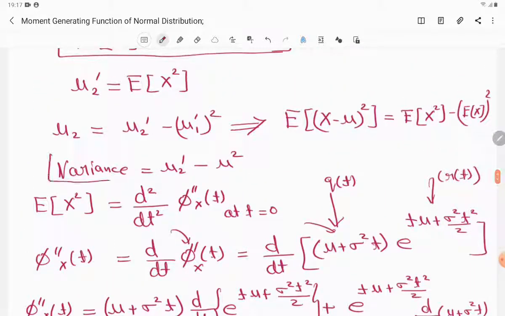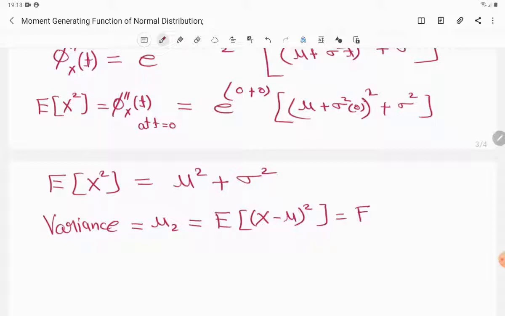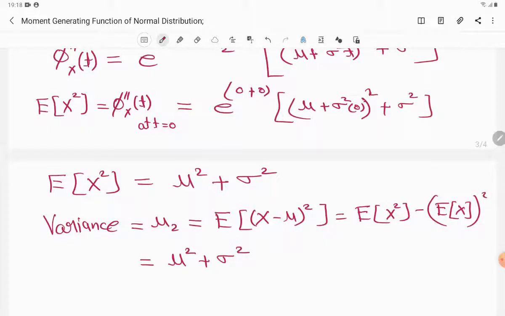As I mentioned earlier, the variance, that is mu 2, is E of (x minus mu) whole square, and that is E of x square minus (E of x) whole square. That eventually comes out to be, if I directly put from here, mu square plus sigma square minus mu square, so that is sigma square.